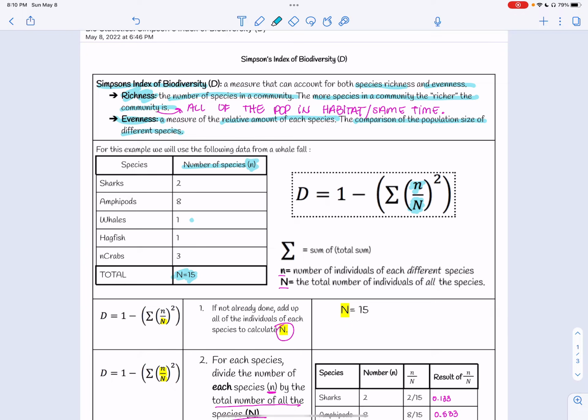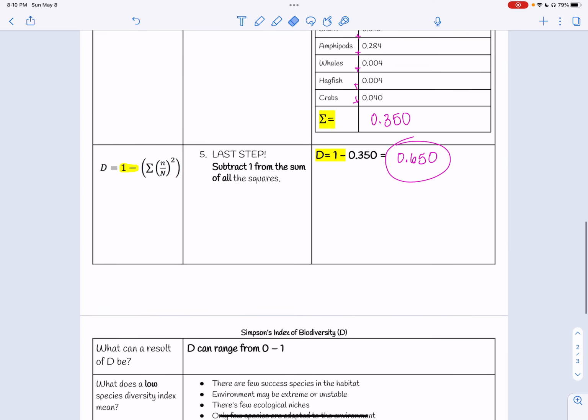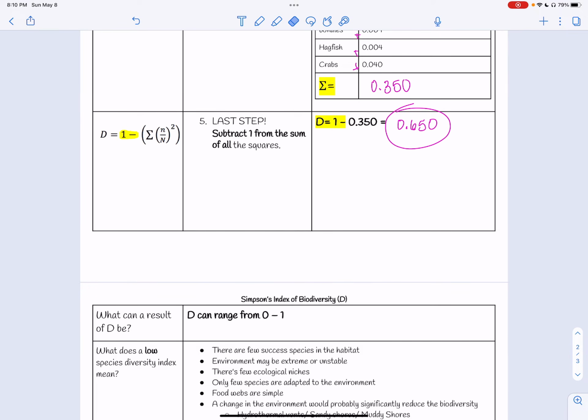You have one massive food source, the whale, one hagfish, and hagfish are nasty. They just sink their teeth and face into flesh. Gross. You got a cleanup crew right there with your crabs, another cleanup crew with the amphipods, and 2 top predators there, which would be the sharks. Okay, so 0.650 from that example.